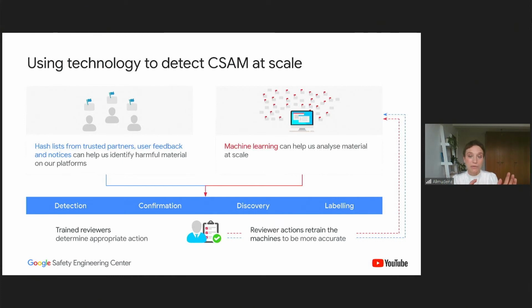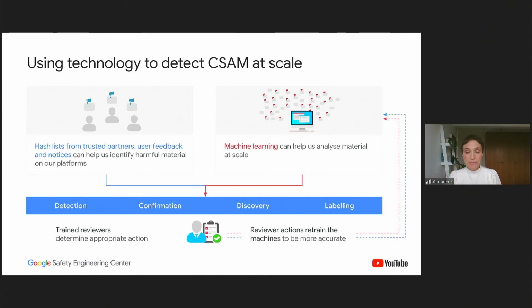The hash matching technology, we have also adapted the original PhotoDNA. The original hash matching technology focused mainly on static images, but through our technology in YouTube and our position as a leading video sharing platform, we've also been able to extend that technology to allow us to detect content that has already been seen in video format.